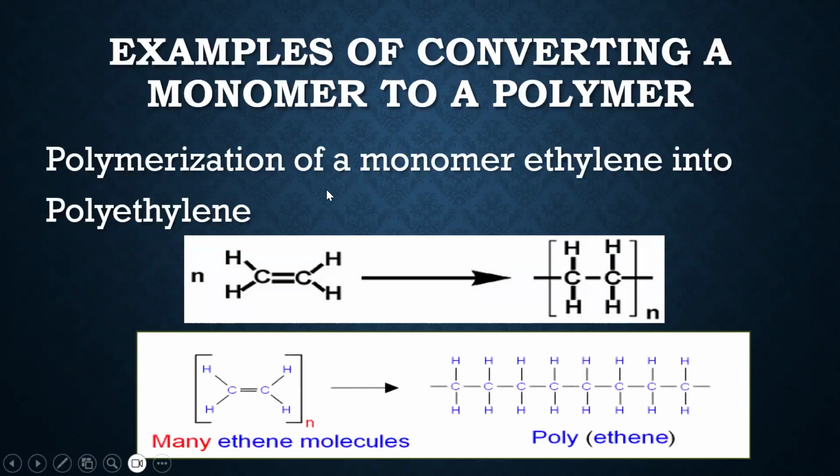So, a polymerization of ethylene monomer to form polyethylene. As mentioned earlier, the double bond is broken, allowing the formation of new bonds where other monomers will be added n times to form the polyethylene.